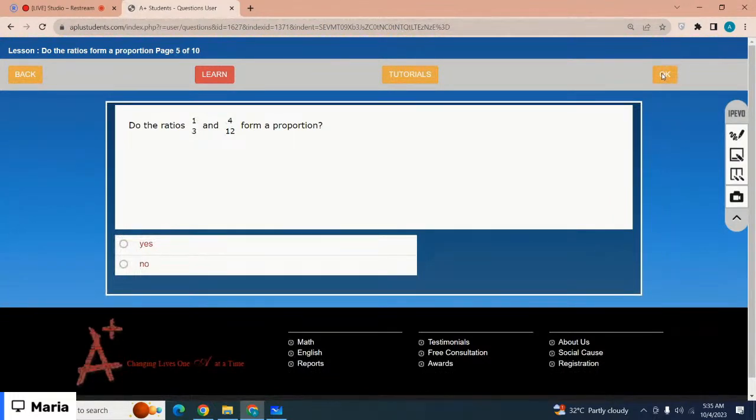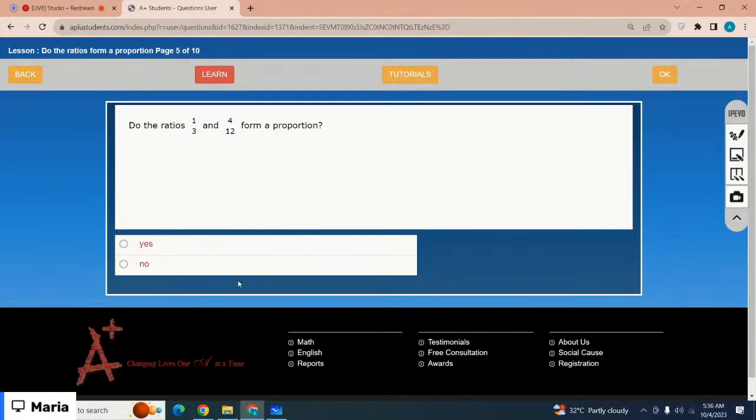Do 1 by 3 and 4 by 12 form a proportion? Yes, they form the proportion.